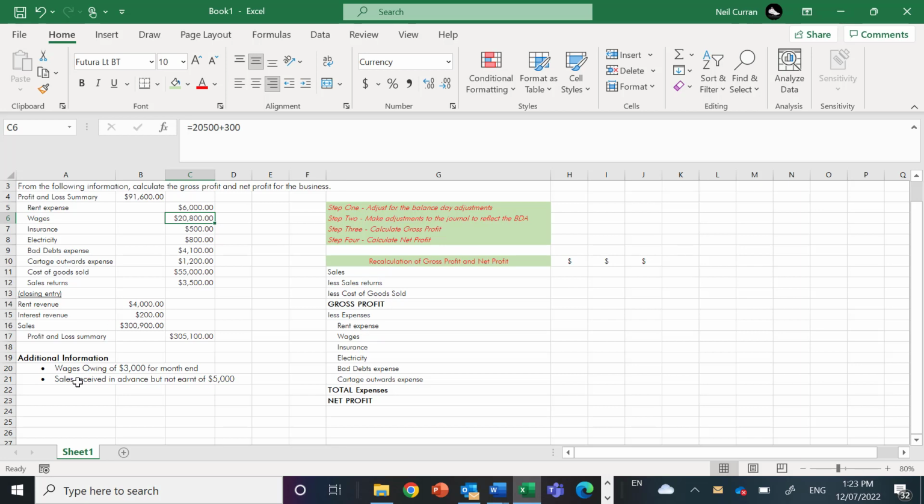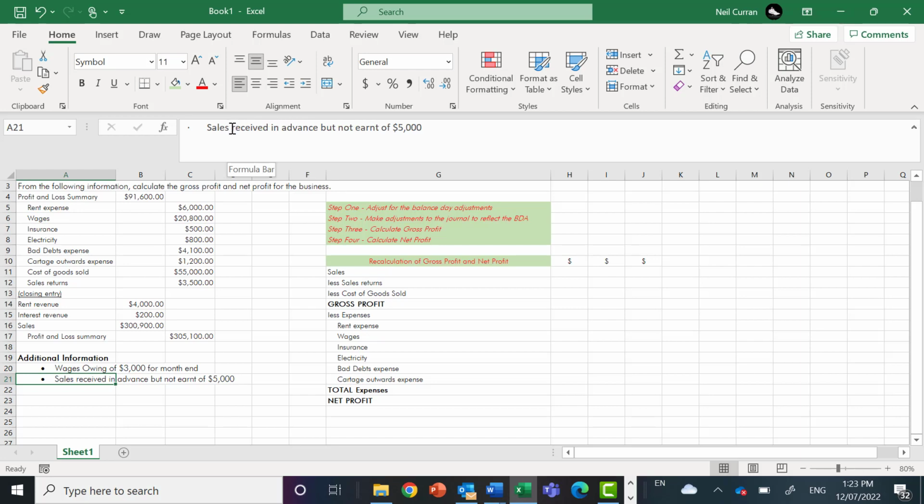The next one here is we've got sales received in advance but not earned. So we've got sales here, which is obviously a revenue item. So we're going to have to determine whether this is an accrued revenue or an unearned revenue. And the keywords here, received in advance but not earned. So that gives it away that it is an unearned revenue.